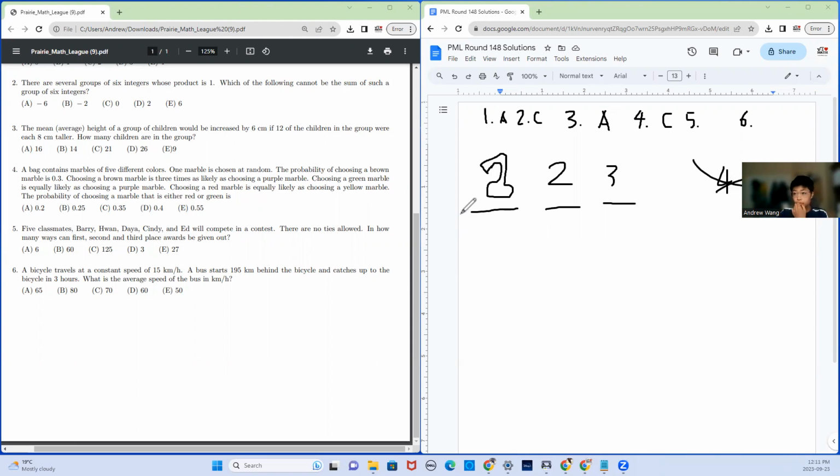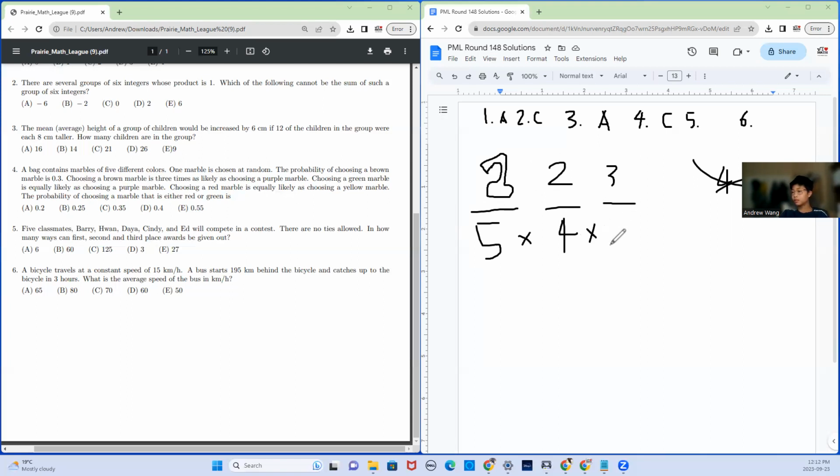So all 5 people have a chance to get first place. So there's 5 ways the first award can be given out. But once the first award is given out, there are only 4 people left who have a chance to get second place. So there's 4 different ways second place can be given out.